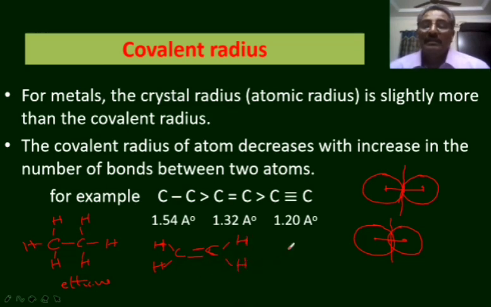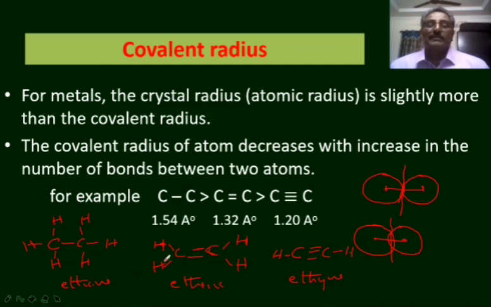Here, in ethyne or acetylene, a carbon-carbon triple bond exists. This is ethene and this is ethyne.